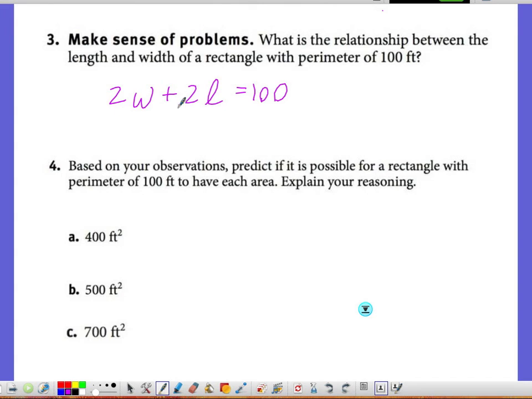In order to solve for W, first of all, we have to move the 2L to the other side, and so we have to subtract 2L on both sides. So that is going to become 0, and what I have is 2W is equal to 100 minus 2L. Next thing we need to do is divide by 2. Make sure we divide the whole thing by 2.